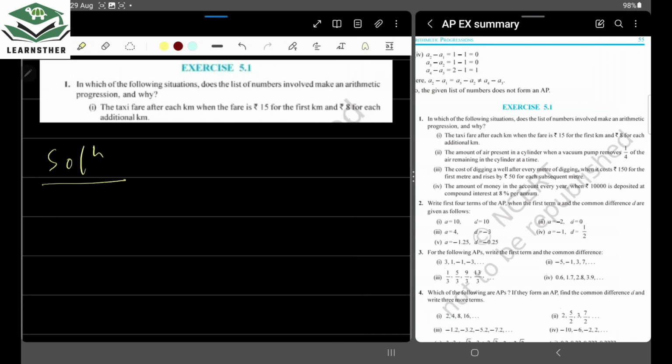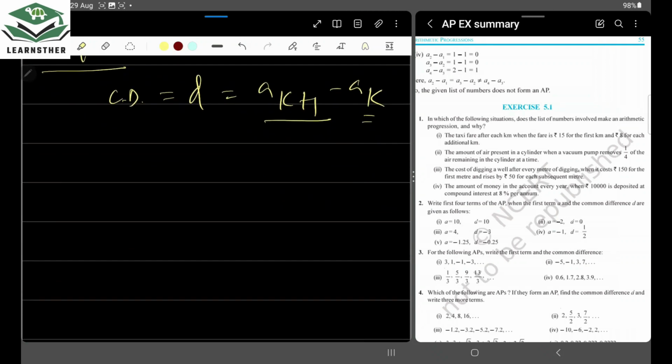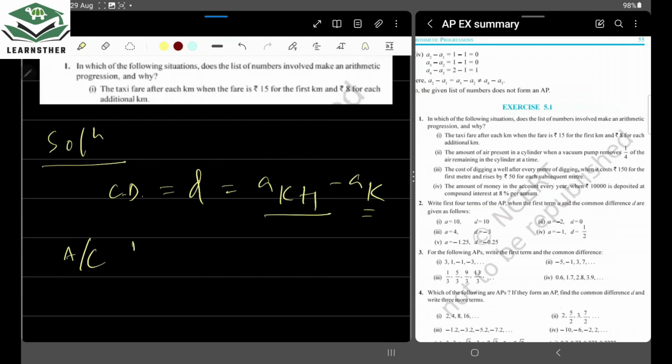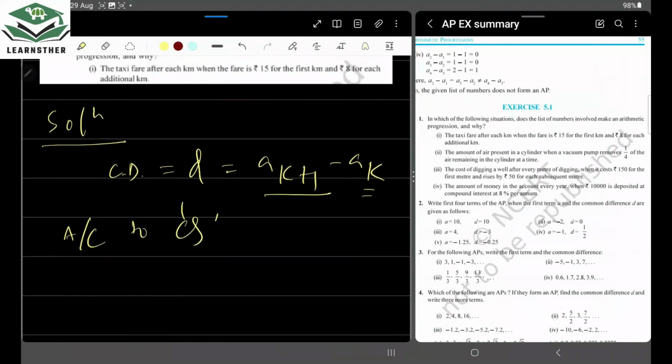Students, you already know for an arithmetic progression, common difference or d has to be a k plus 1 minus a k, where this one is k plus 1 term and this is k term. Okay. So according to the question, okay, you write this fully. Okay. According to the question, taxi fare for first kilometer.